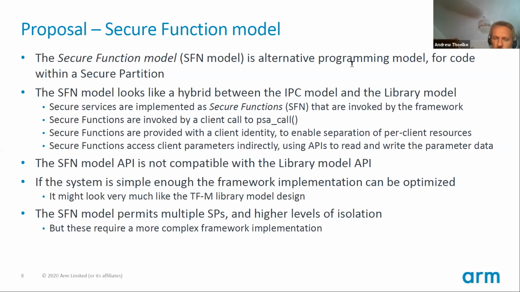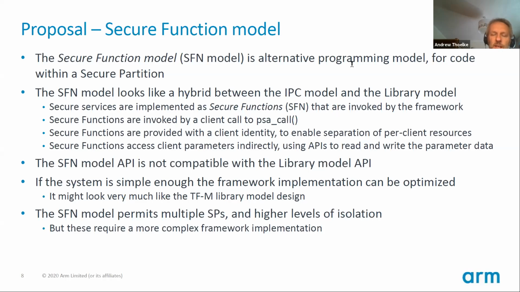But the direction of travel from the library model was that the client-side framework was becoming more and more unified in terms of the API. In general, we expect secure functions to be provided with a client identity, which allows you to separate per-client resources. So the secure function model doesn't dispose of client identity.